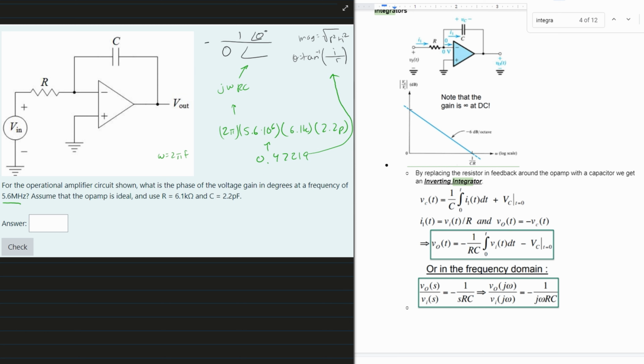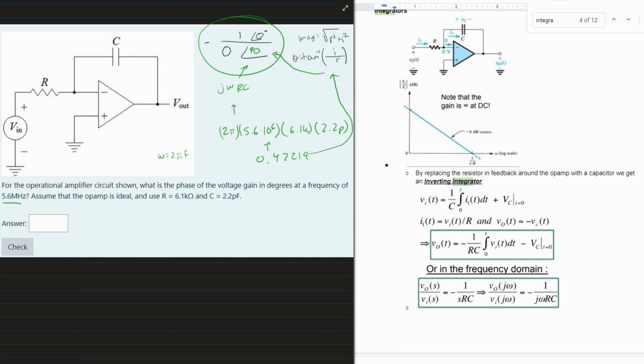Okay, so now we need to plug this back in. We have tangent -1, so the arctangent of 0.47219 divided by 0.00000001, something super small. If we do that, we are going to get 90 degrees. So we'll come back up here, and we have 90 degrees inside of here.